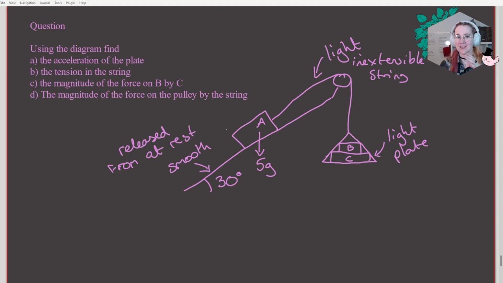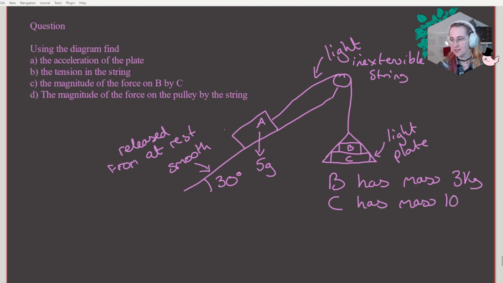At the other end, over the pulley, there's a light plate, so the plate has 0 mass, and then 2 blocks. B has mass 3 kg and C has mass 10 kg. String, plate made from photons. I mean, they're made from whatever maths teachers need to get equations out. Yeah, so this is all the information that you need, presented weirdly.